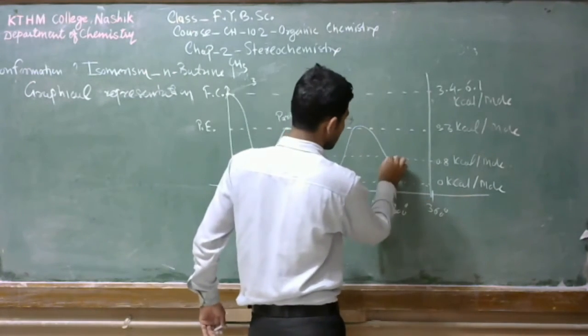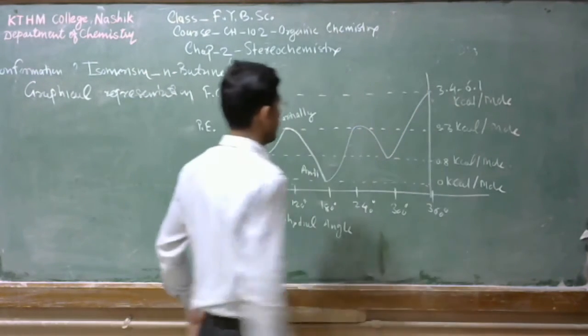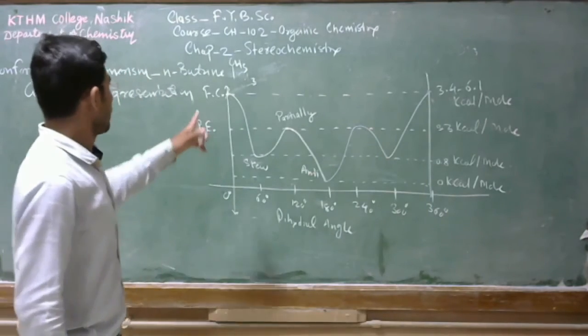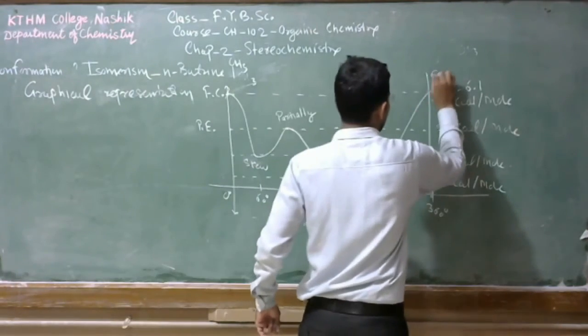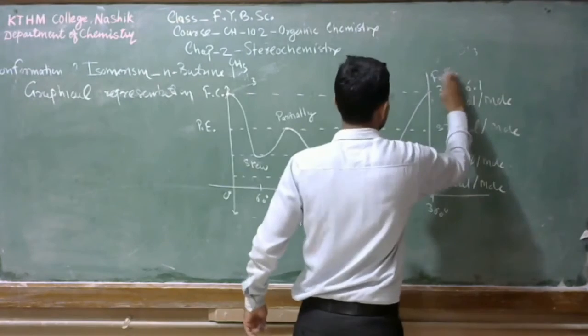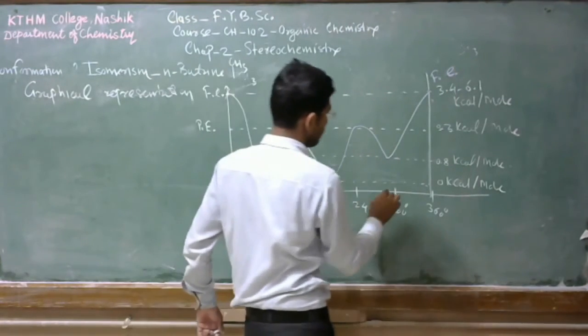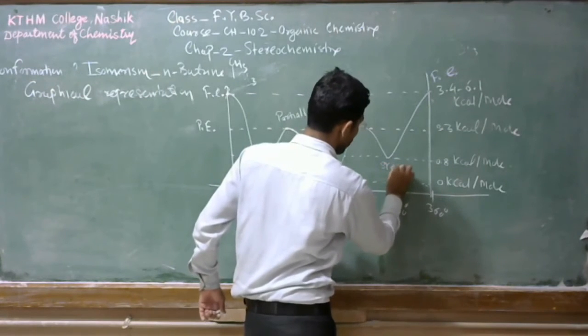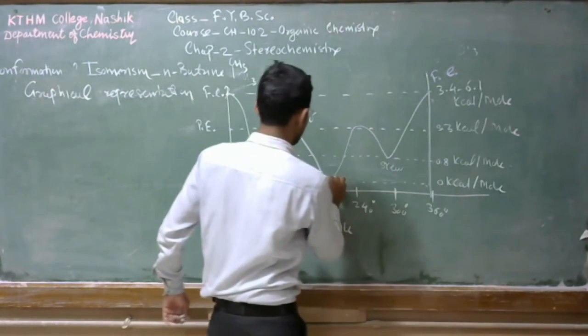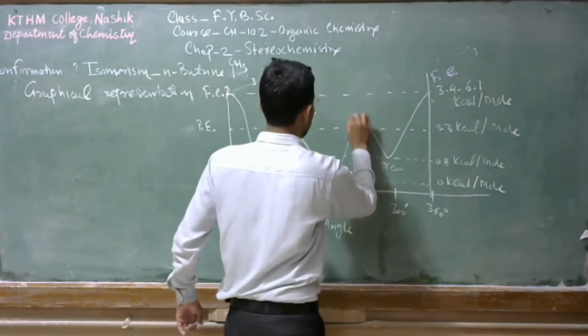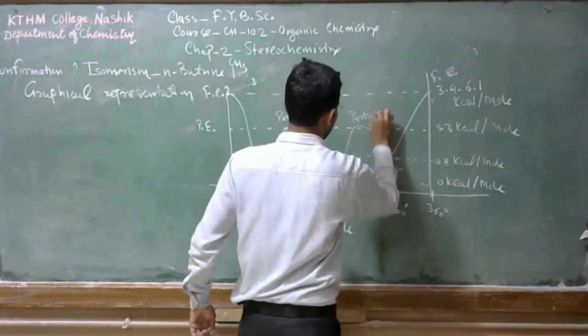And for 360, we again observe the fully eclipse conformation. This is the skew or gauche conformation, this is the anti, and this is again the partially eclipse conformation.